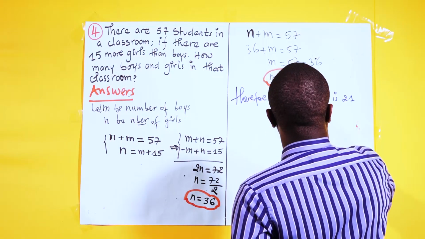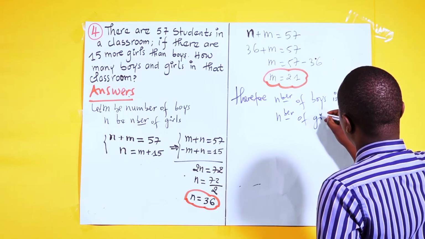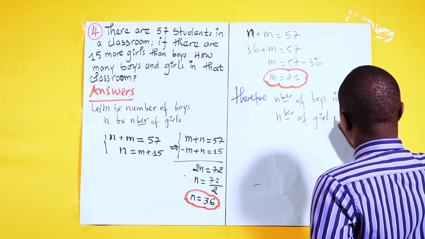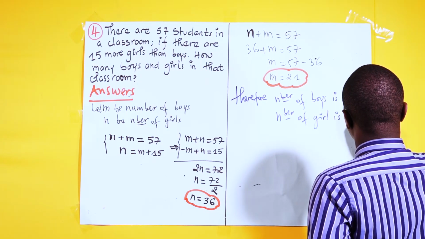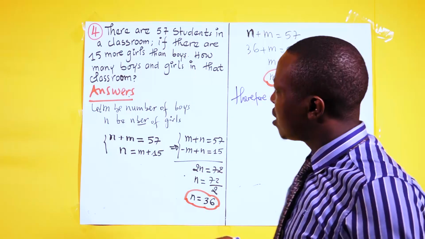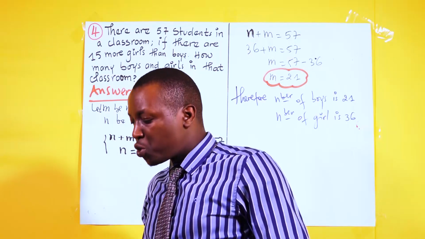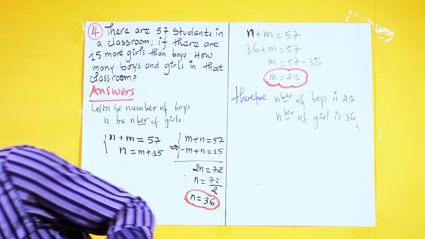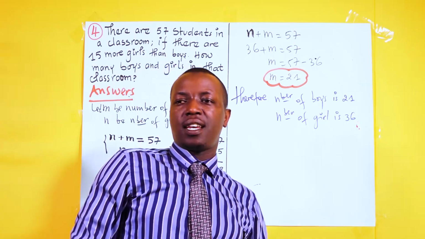Number of girls is 36. So these 4 examples will help you to solve the exercise that I left.